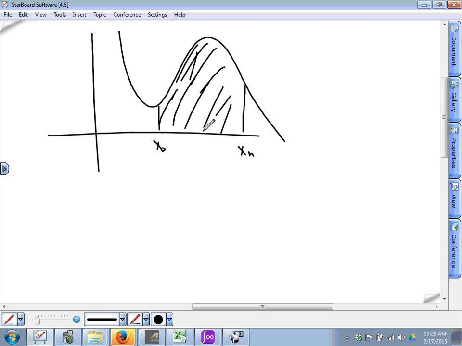This is what Simpson's Rule does. It would break this up and approximate using some kind of a different polynomial. So from here to x1, it would approximate the area using a polynomial instead of an actual trapezoid.